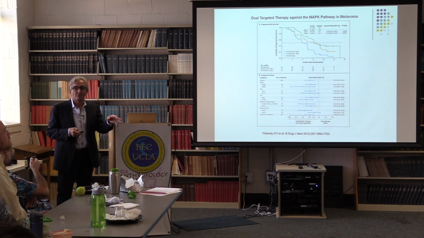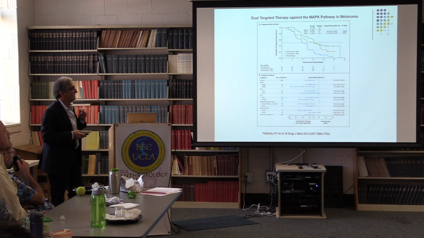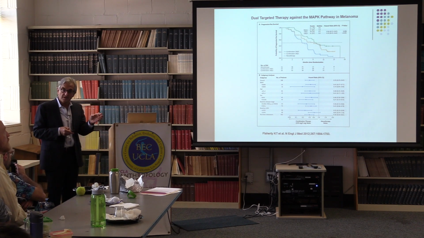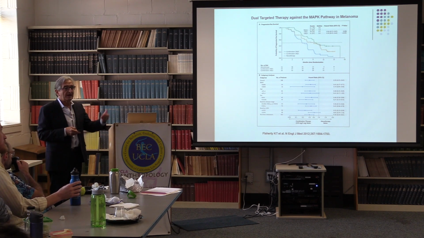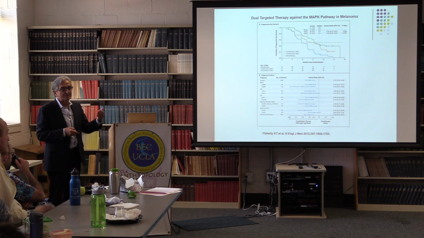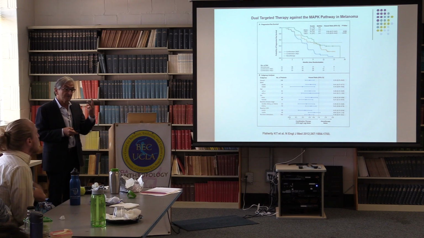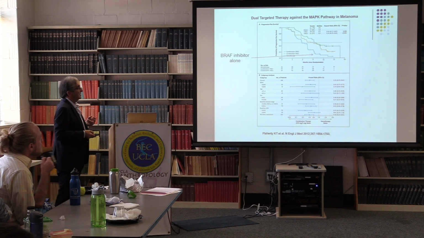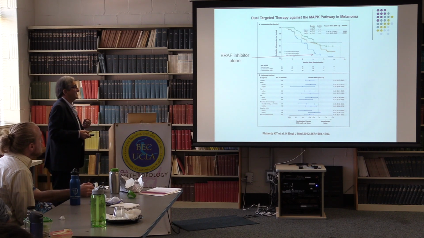So let's throw another targeted therapy at it. When you add a second drug in the same pathway to try to get around how the cancer cell population adapted to the first drug, give them both together, you actually get an even longer period of cancer control. That's with the first drug alone.